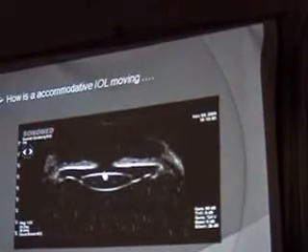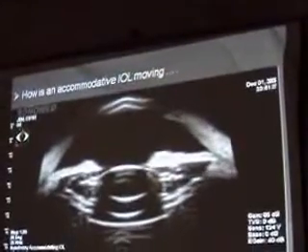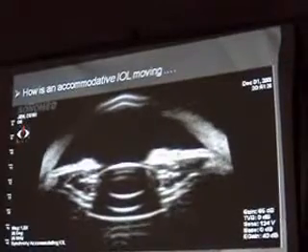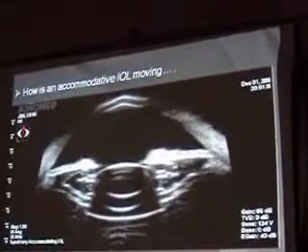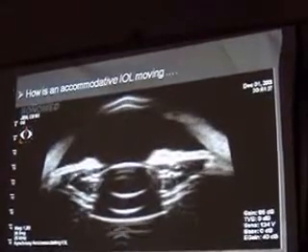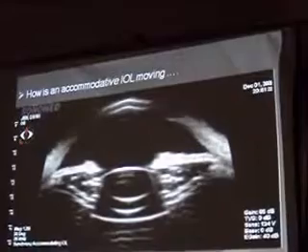It's completely different than this gentleman that I showed you before, where the lens is clearly justifying the power change based on the physical movements responding to the ciliary body contraction during the accommodation.